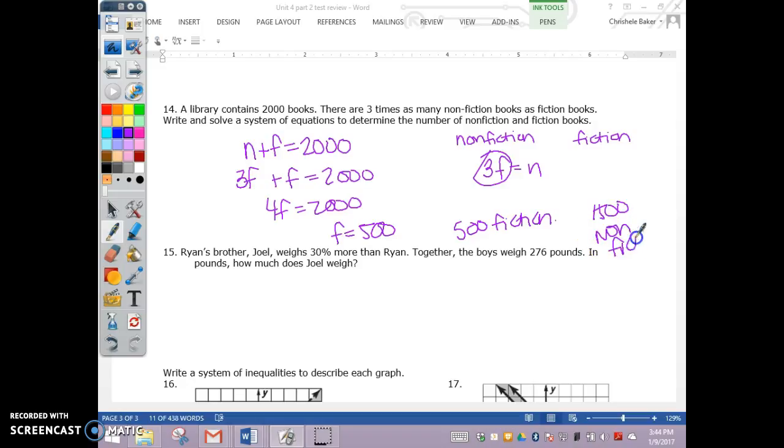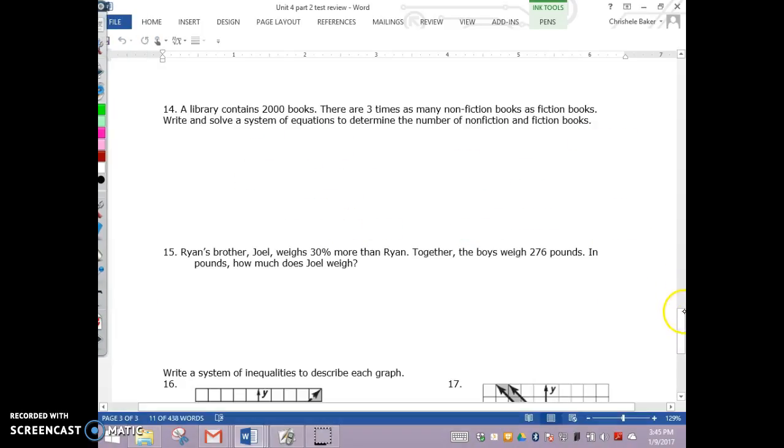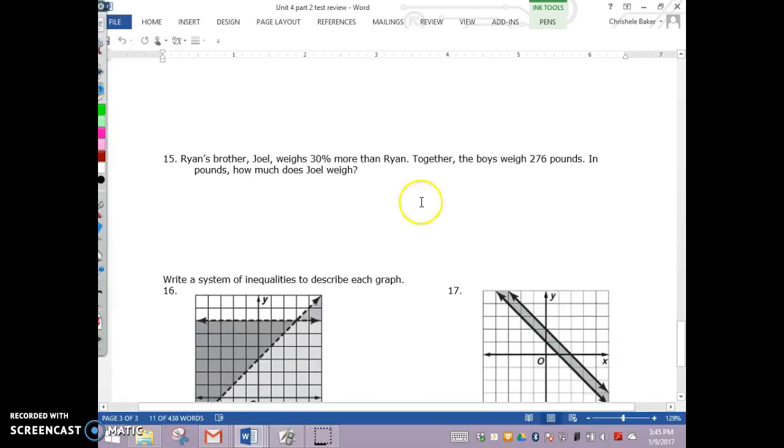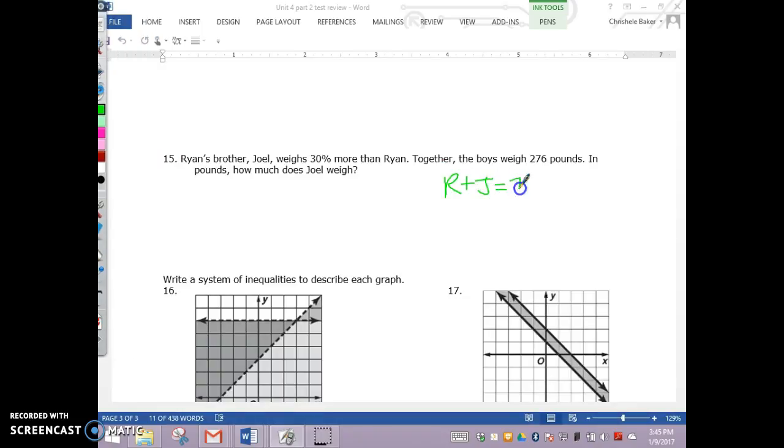Okay? Ryan's brother Joel weighs 30% more than Ryan. Together they weigh 276. That part's easy. Ryan plus Joel is 276. Now, Joel weighs 30% more than Ryan.